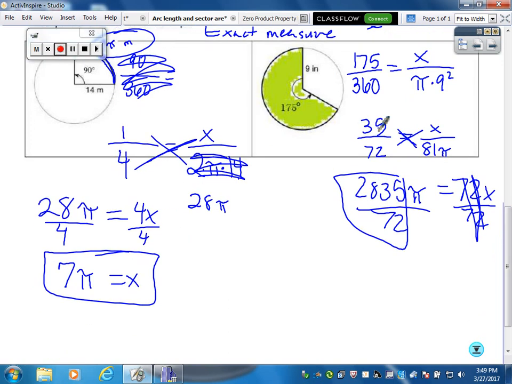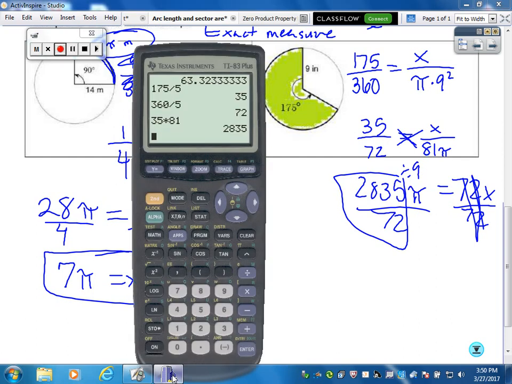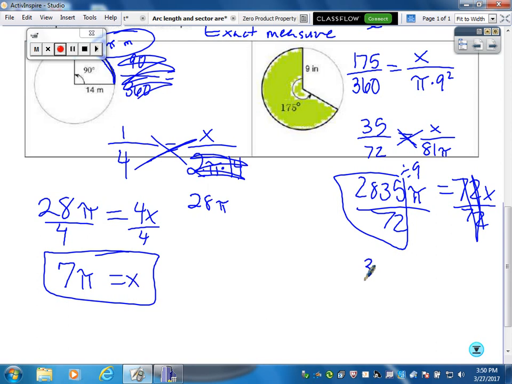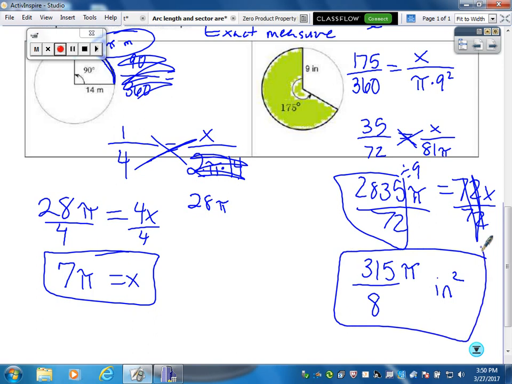And because we multiply 35 and 81 together, I know 9 goes into 81. 9 also goes into 72. So I know I can probably pull a 9 out of both of those. So let's try it out. So divide by 9. We've really got 315. And divide by 9, we've got 8. So we've got 315 pi over 8. So that would be your inches squared for our area.